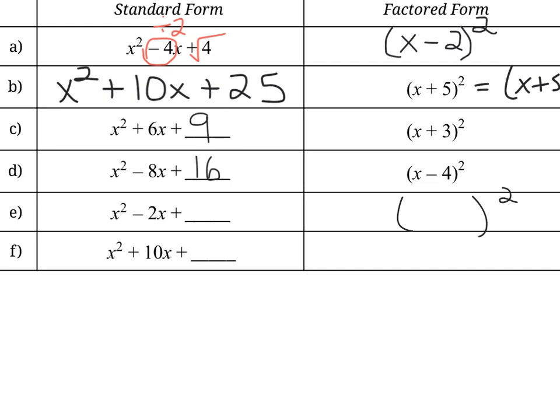I'm going to put a squared, and I'm going to put the letter x in. So to figure out what number goes inside my bracket, remember I just need to take my b value from my standard form equation, which is negative 2, and I'm going to divide it by 2. So if I take negative 2 and divide it by 2, I get negative 1.